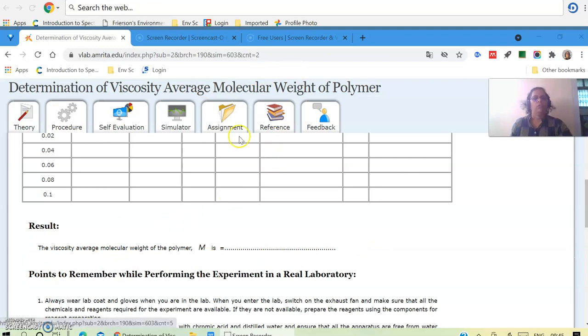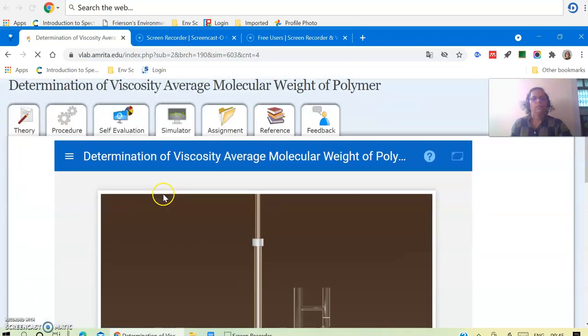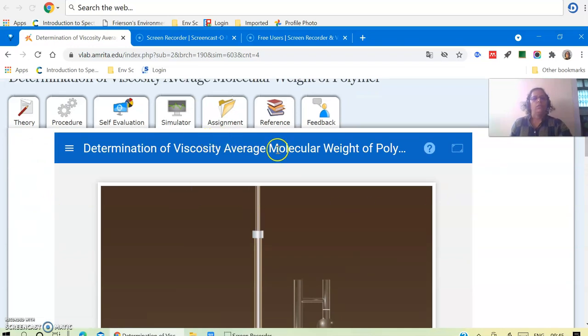Now let's quickly look at the simulator. So here is the simulator: determination of viscosity average molecular weight of polymer.